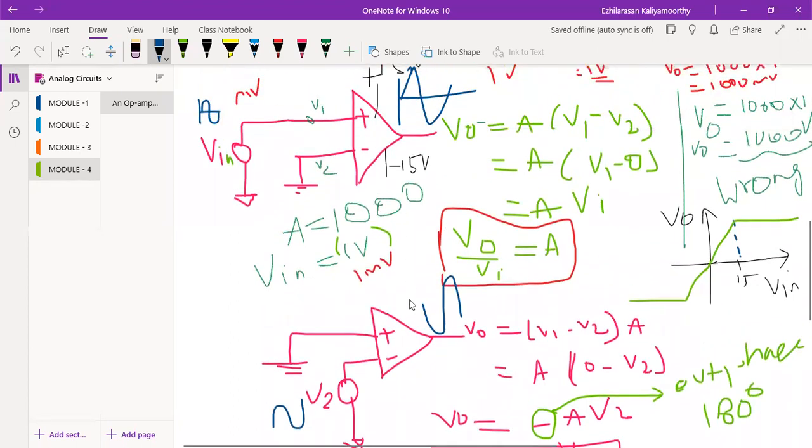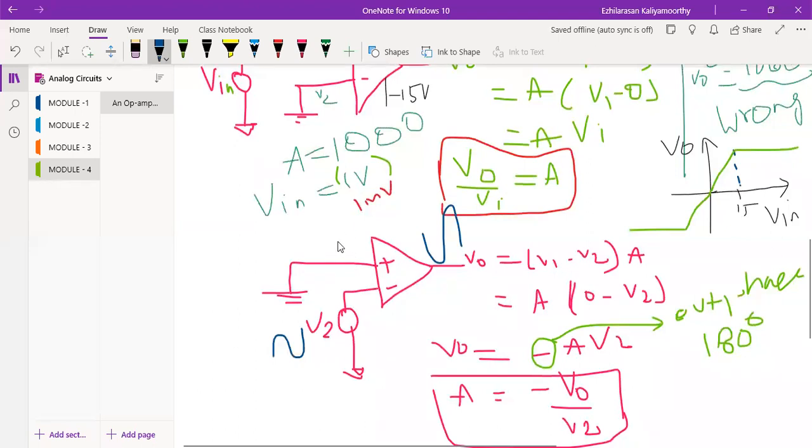In both diagrams, I have not given any feedback. There is no feedback connected, it is just open, the open loop gain. Even if you apply a small voltage, 1 millivolt as V2, the output V0 is minus A, where A is 1000, times 1 millivolt.